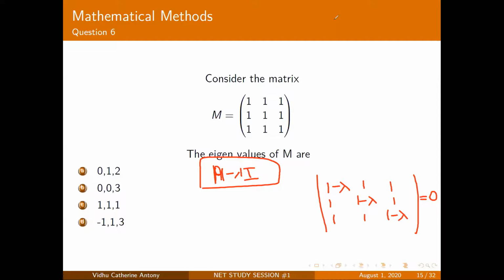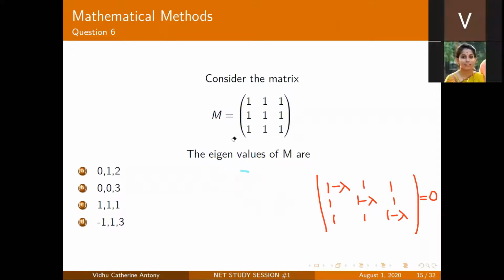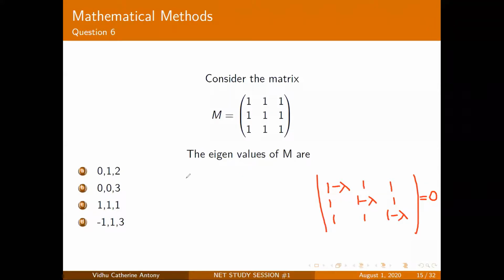Okay, so even in this, you can use the Sarrus method to do it, okay. So let's just do that. You have a 1 minus lambda, 1, 1, 1, 1 minus lambda, 1, 1, 1, 1 minus lambda. Let's repeat these two columns again. So 1 minus lambda, 1, 1, and this one, 1, 1 minus lambda, 1.